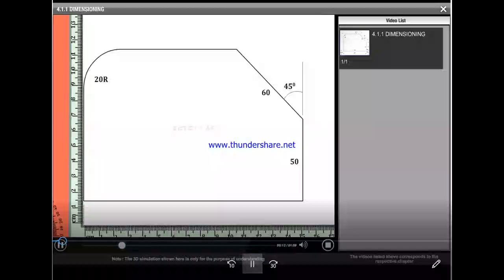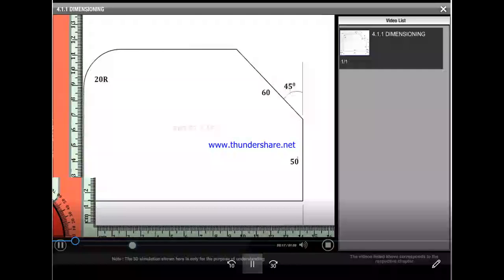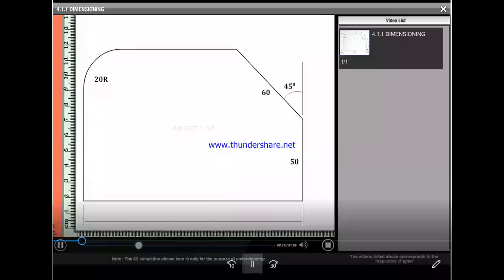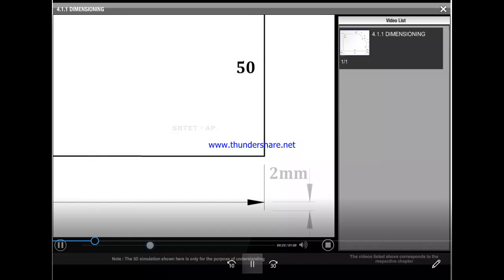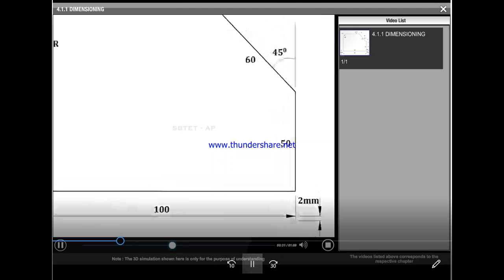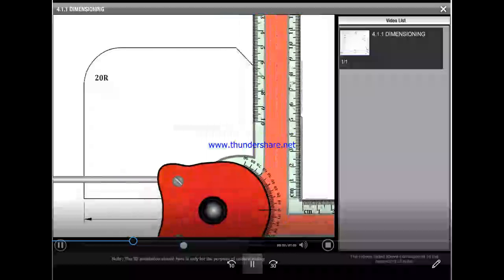Two extension lines are to be extended perpendicular to the outline. The extension line should extend beyond the dimension line by 2 mm. All the dimensions are to be neatly represented.